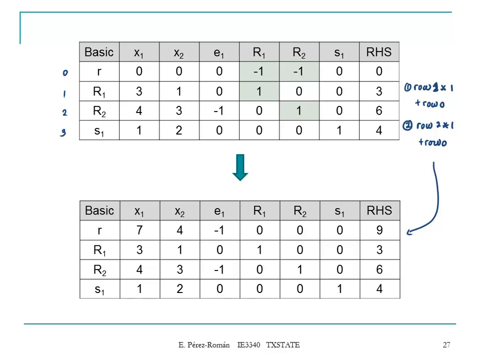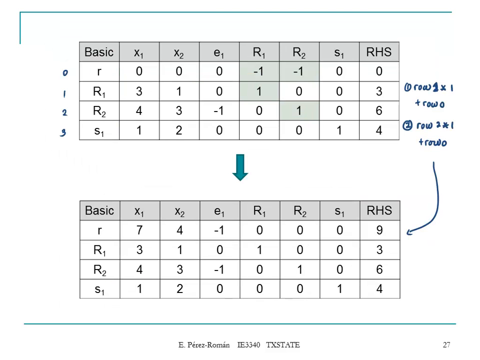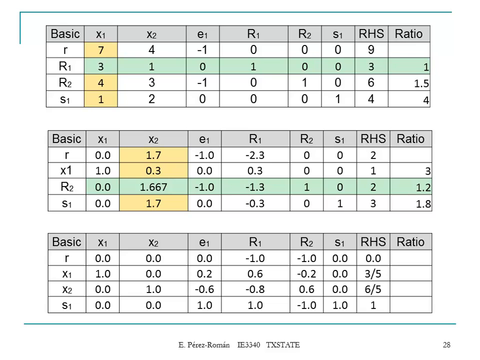And now we can move to apply the simplex algorithm to this tableau. So this is, again, the same tableau from here. What I'm showing here is just the simplex method.